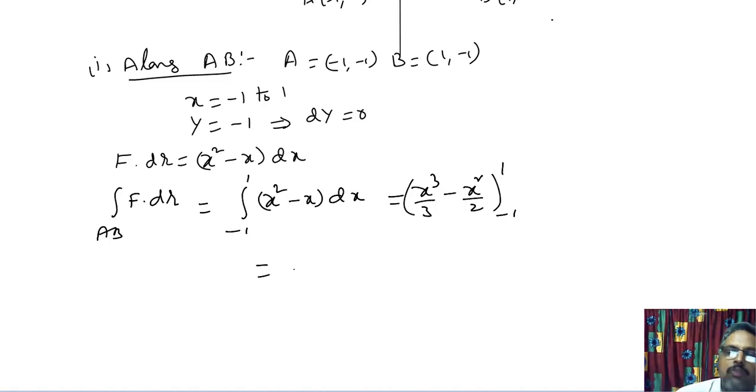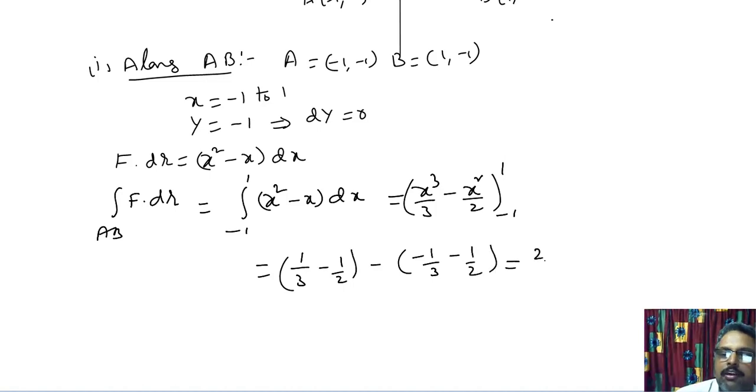Put x = 1: 1/3 - 1/2. Minus, putting x = -1: -1/3 - 1/2. Here the 1/2 terms cancel, so you get 2/3. The integral of F·dr along AB is 2/3.